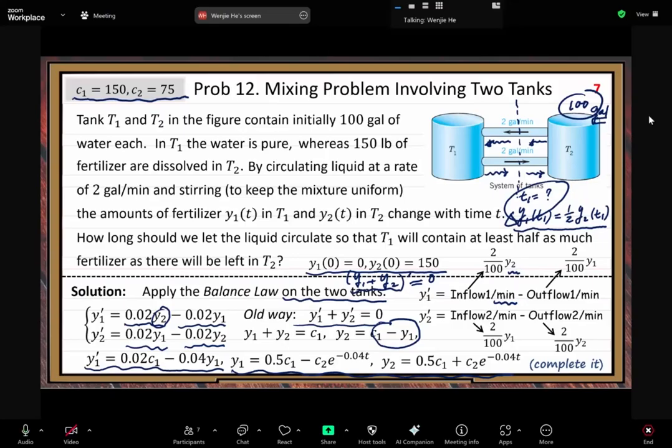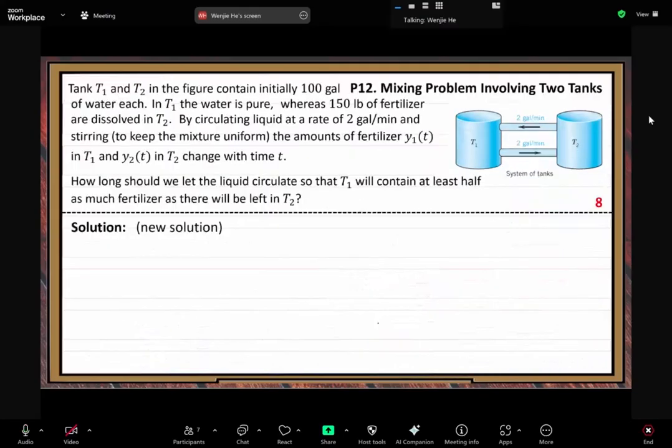So it's not a good way. In the general situation, we want to use some systematic way. Although we need to do calculation, we want to use some formula to do the calculation. All right, so let's move to the new method, the new solution.